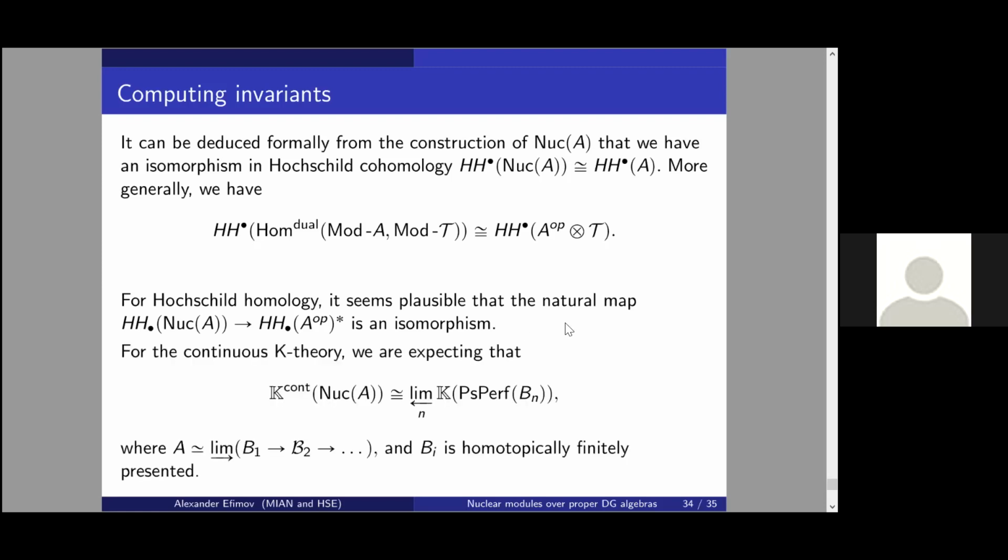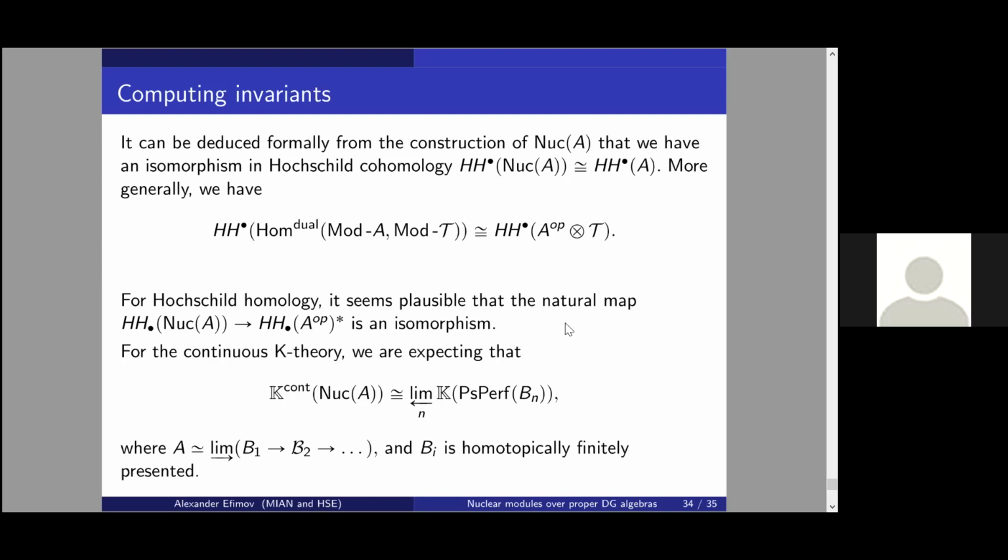Okay, and for continuous K-theory, I expect that if I express A as a sequential colimit of homotopically finite DG algebras Bn, then the continuous K-theory of nuclear models is the inverse limit of the usual K-theory of pseudo-perfect models over Bn. So this is some kind of analog of the statement which is expected for formal schemes.